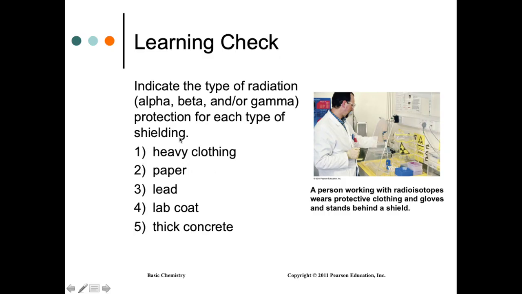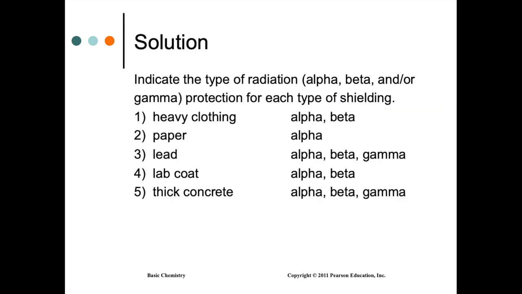So, for example, for this first one, they suggest heavy clothing, and they ask what type of radiation does that protect you against? Well, it protects you against beta radiation, but it will also protect you against alpha radiation. Okay, so keep that in mind when you're answering this question. Feel free to pause here and try this out. And if you've hit play now, here are the answers.